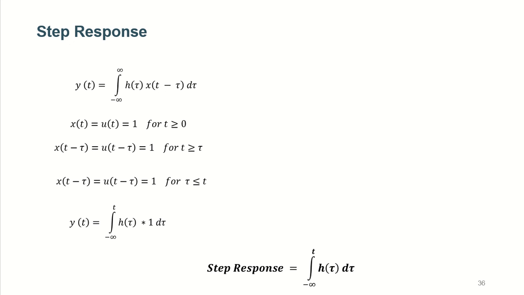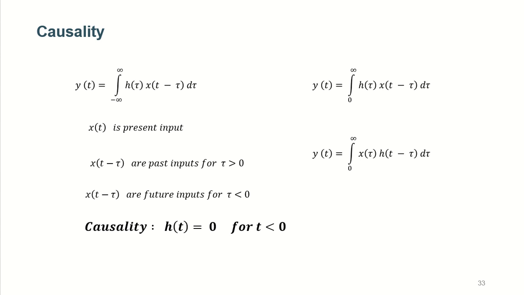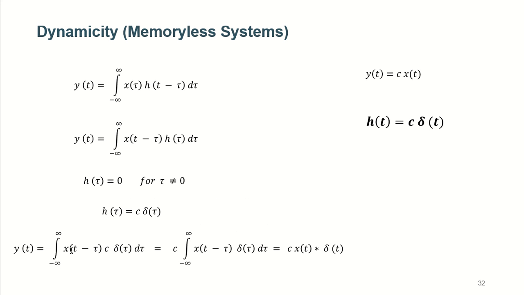One more thing which I most probably missed, I'm not sure if I have missed it or not: when we took the multiplication in the dynamicity operation, I forgot to mention that when we took the impulse response at tau equals 0, and multiply any signal, like in this convolution we were multiplying x of t minus tau with delta tau, we were getting x of t c into x of tau into delta tau.